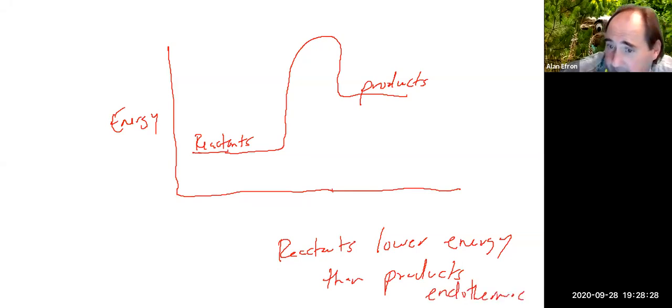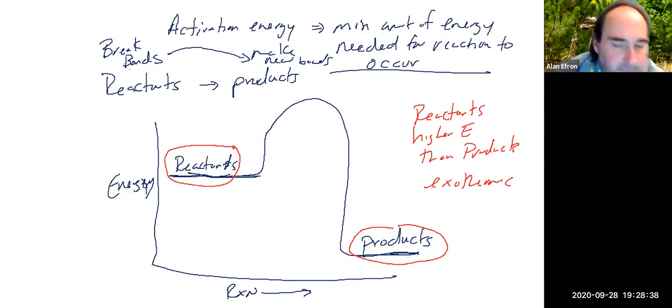And that means same idea. If you think about the reactants, you got to put energy in to get to the products. But regardless if it's an endothermic reaction or an exothermic reaction, both diagrams, you could kind of see this hill right here.